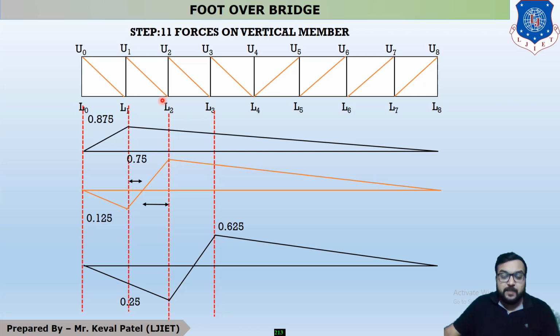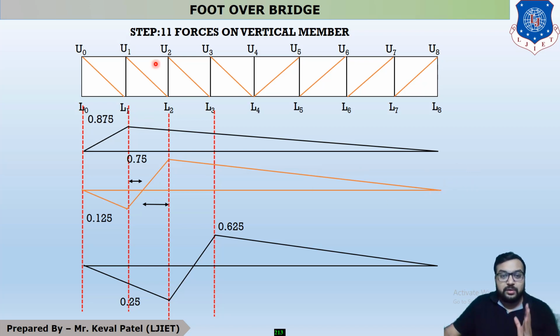The 6 by 8 is also called 0.75, and for the bottom chord member this is 0, and now the influence line diagram for the bottom chord starts here. This is the first point, so it is 1 by 8. So the influence line diagram for the second member U1L1 has ordinates 0, 0.125, 0.75 and 0.